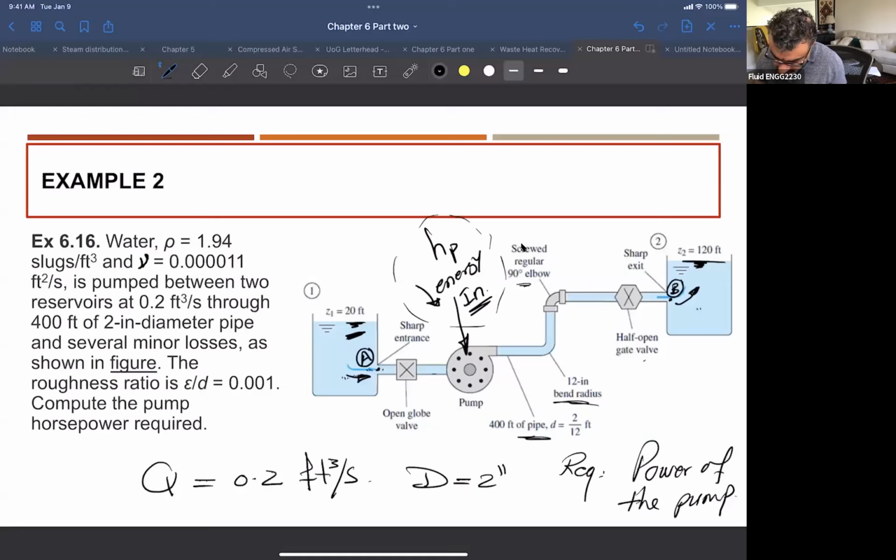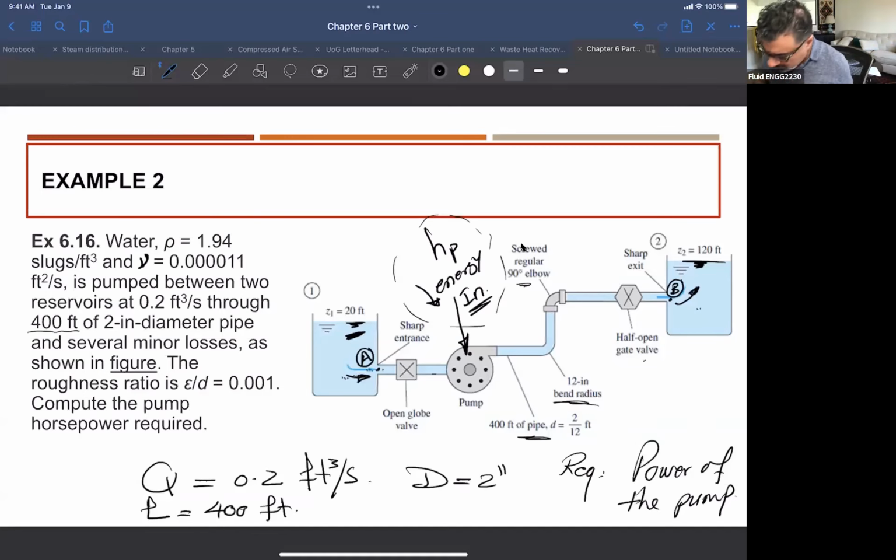It's telling you all this piping has a length of, the length here is given as what? 400 feet. So the total length of the pipe is 400 feet.